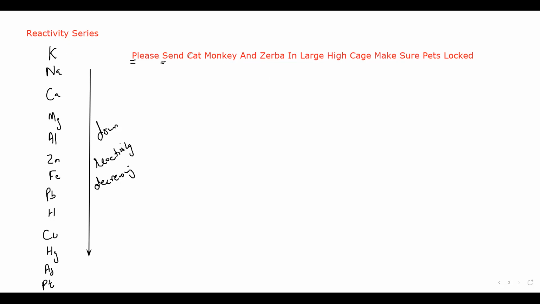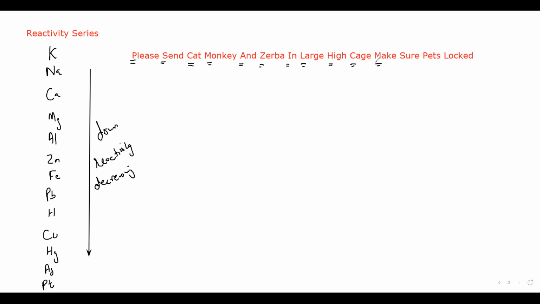Sodium. Ca is representing calcium. Cat. M is representing magnesium. A is representing aluminium. Z is representing zinc. I is representing iron. Iron symbol is Fe, but the name of the element is iron. L is representing lead. Symbol is Pb. H is representing hydrogen. C is representing copper. Symbol is Cu.